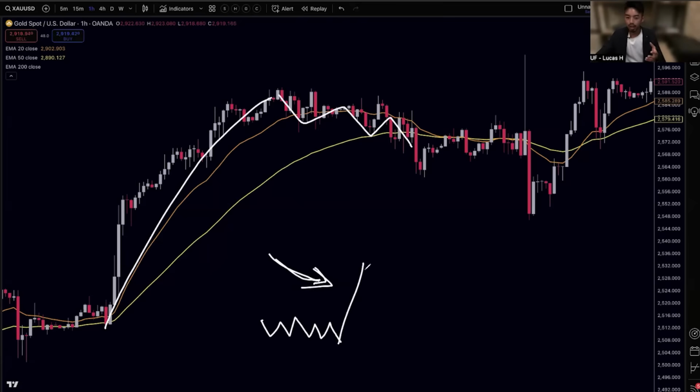This is where the pullback actually comes in. Now, remember what I was saying about how things may short-term change direction? Those are not necessarily the trade you want to take, because in the grand scheme of things, if the market has really high demand and it wants to go up, these are nothing but mere pullbacks in the market.